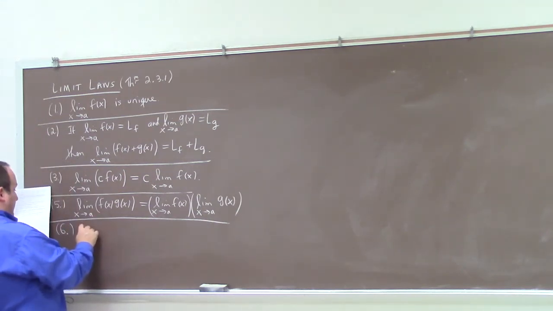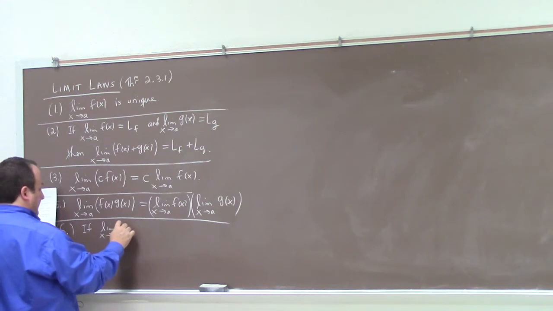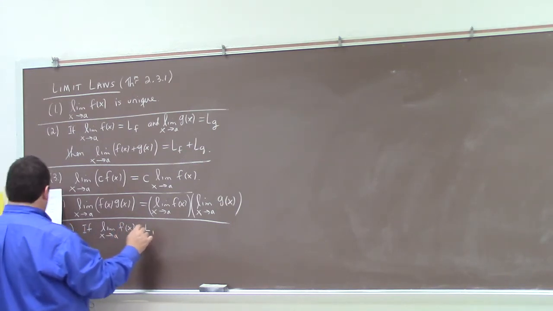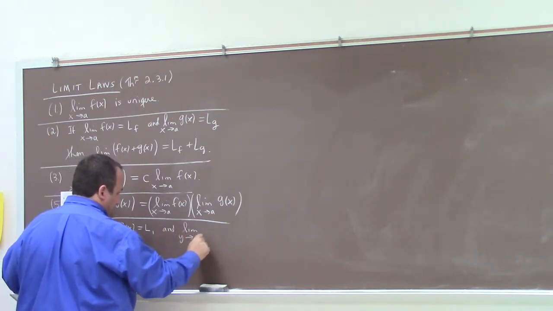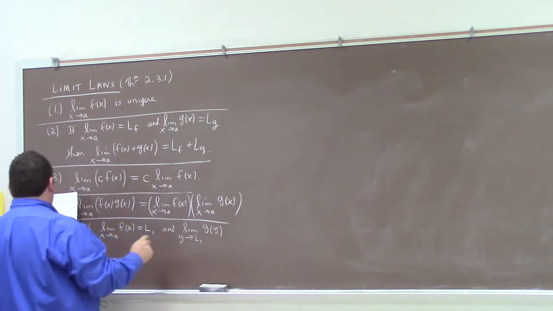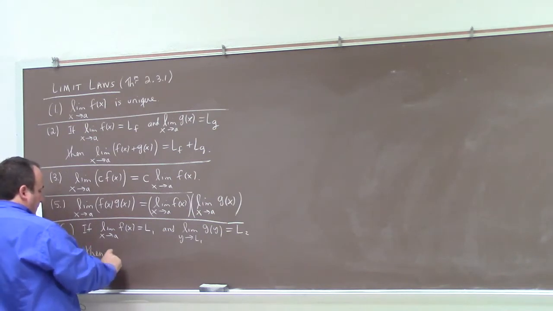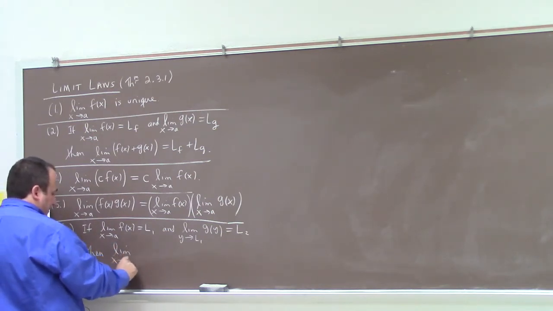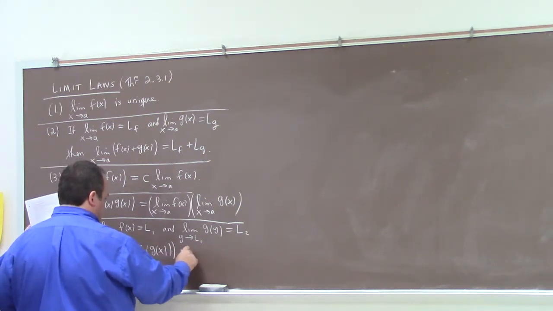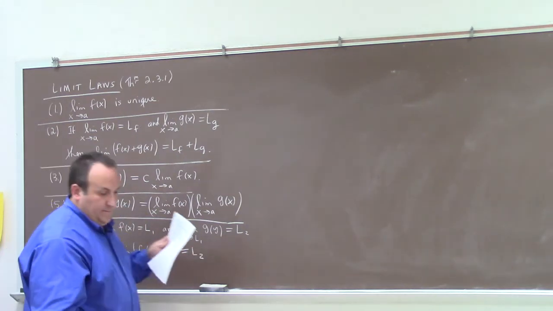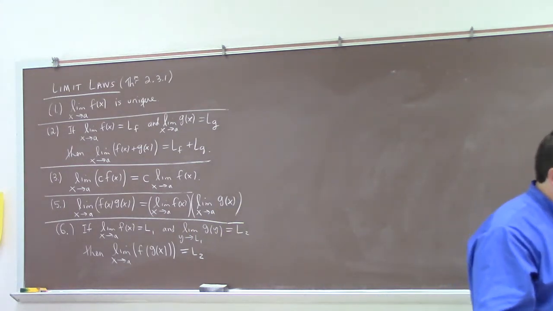So if the limit as x goes to a of f of x is equal to L1, and the limit as y goes to L1 of g of y is equal to L2, then the limit as x goes to a of g of f of x is equal to L2. So the limit of the composite is just what you'd expect, right?